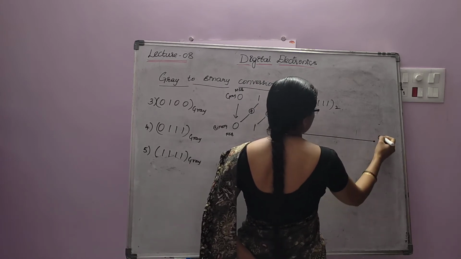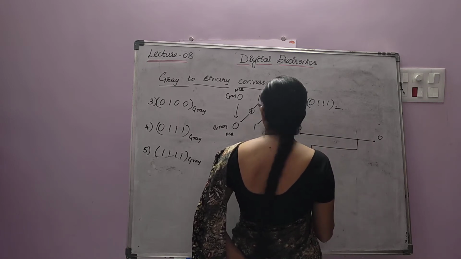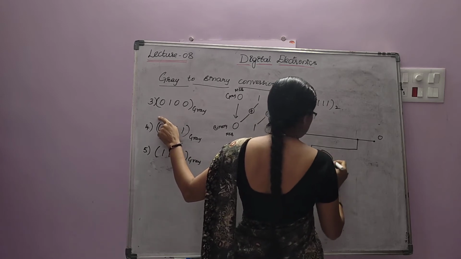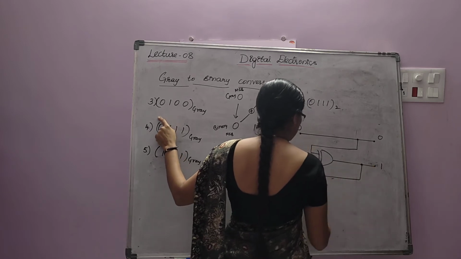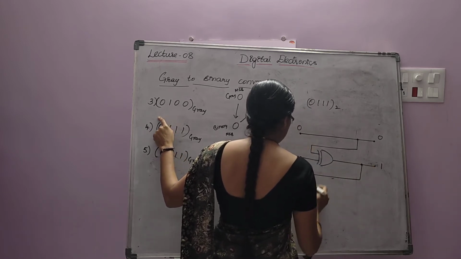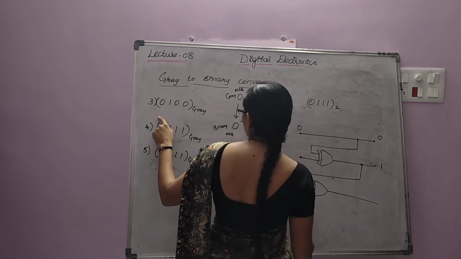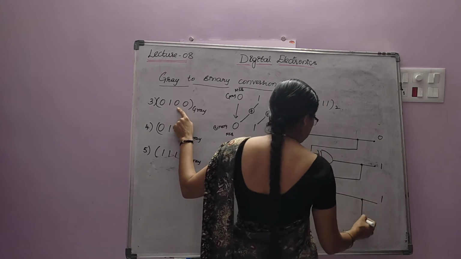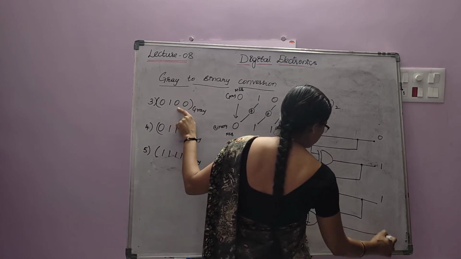0, and the 0 is XOR with 1, 0 XOR 1 is 1, and that 1 XOR 0, that is 1, and the result 1 XOR with 0, that is 1.